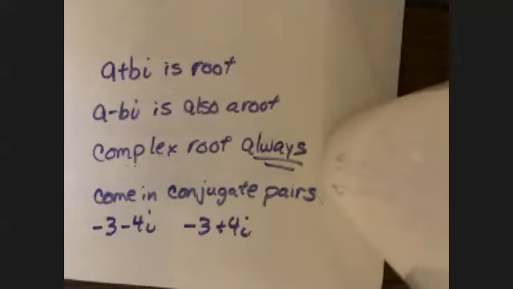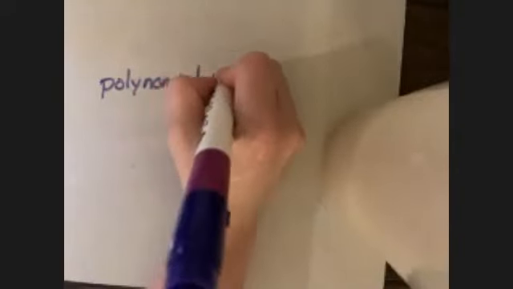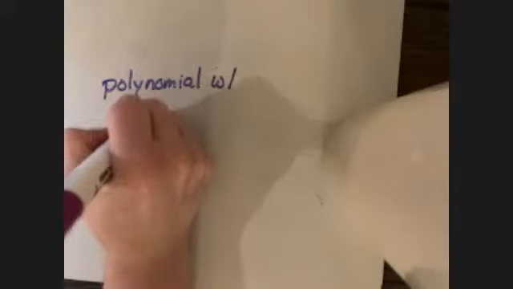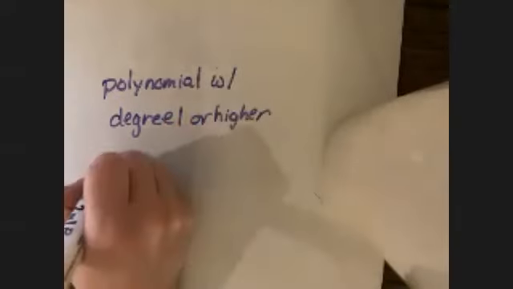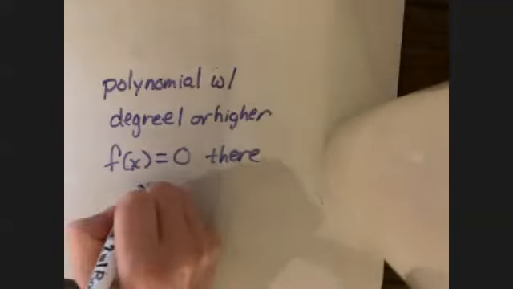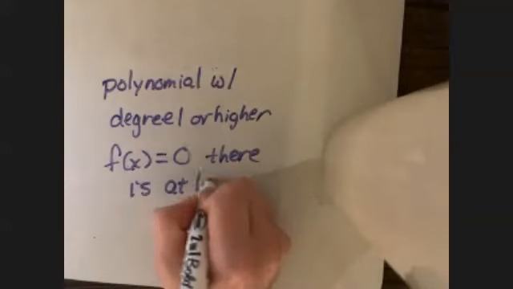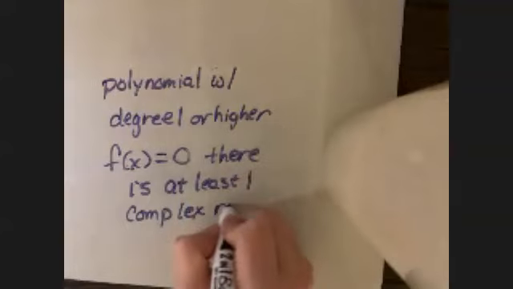Now the next thing is what's called the fundamental theorem of algebra. And basically what it says is, if you take any polynomial with degree 1 or higher, if you take that f of x and you set it equal to 0, there is at least one complex root, or solution.